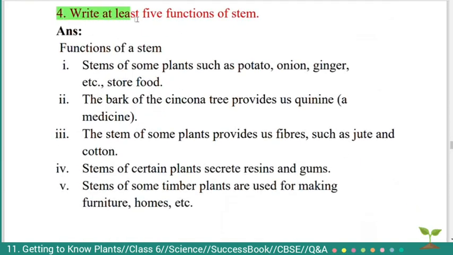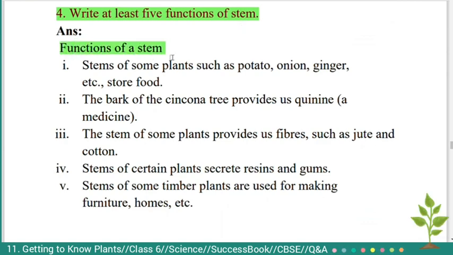Fourth question, write at least 5 functions of stem. Answer, functions of stem. First, stems of some plants such as potato, onion, ginger, etc. store food. Second, the bark of cinchona tree provides us quinine, a medicine.